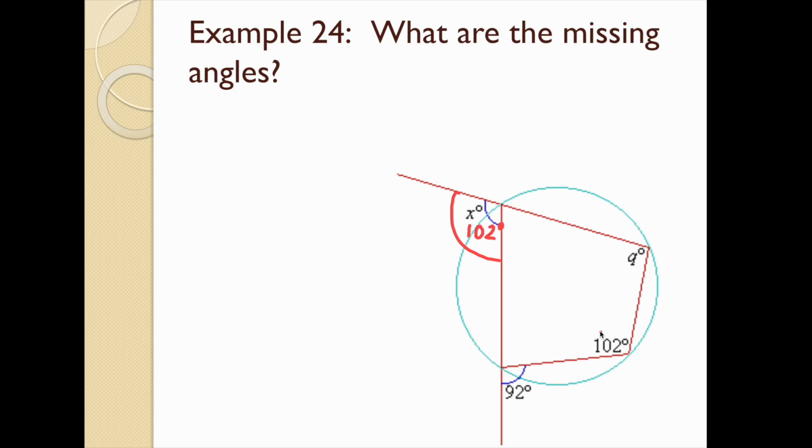We know that the opposite angles in a cyclic quadrilateral should add up to 180. So 102 here would have been 78, because 78 plus 102 is 180. And then these two are supposed to add up to 180 as well, so here has to be 102. Because of that, we know that this angle here and this angle here are supposed to be the same.